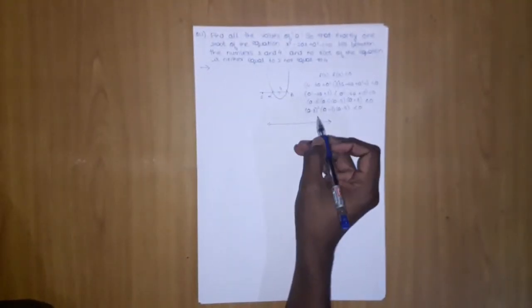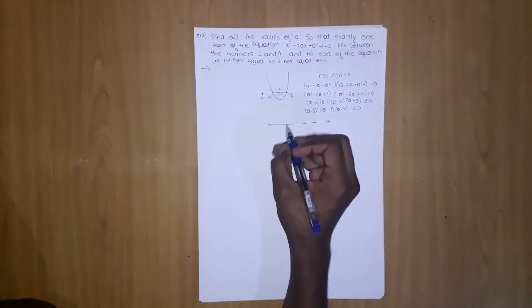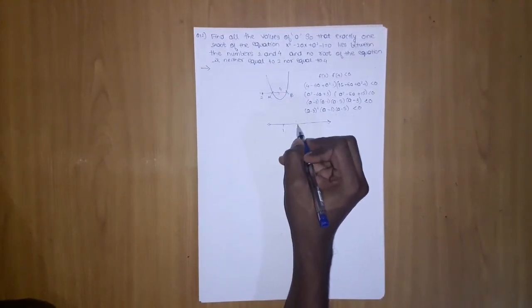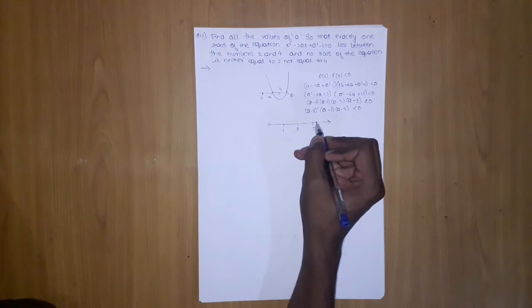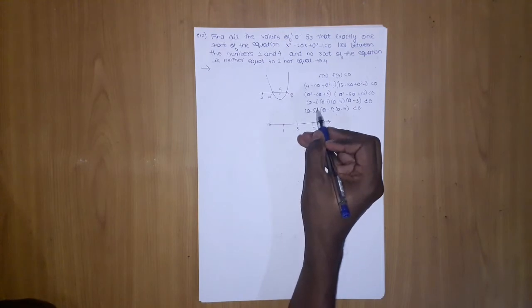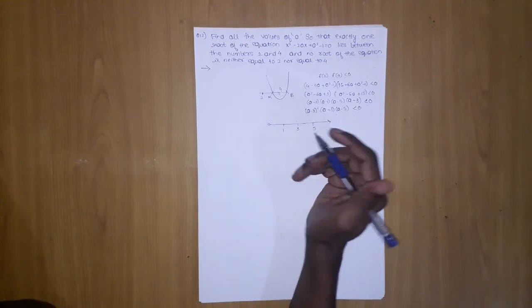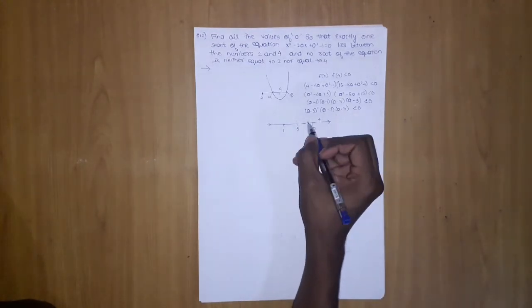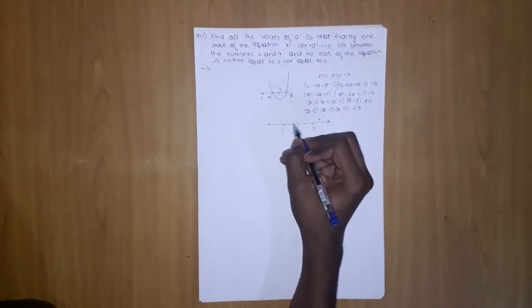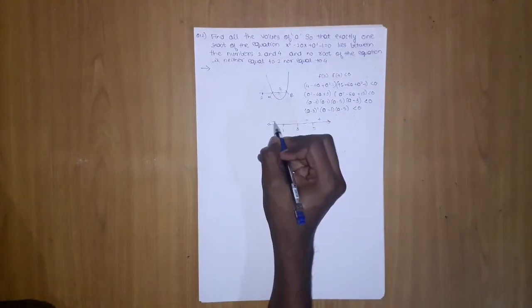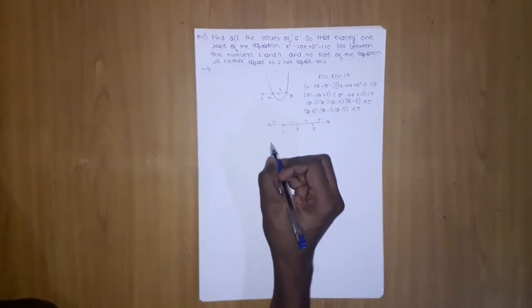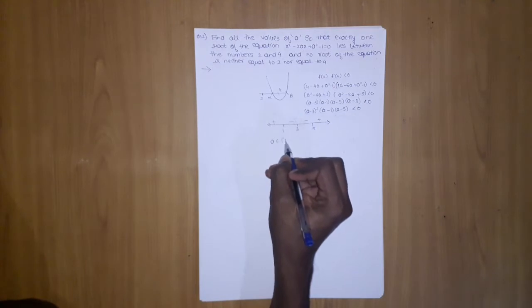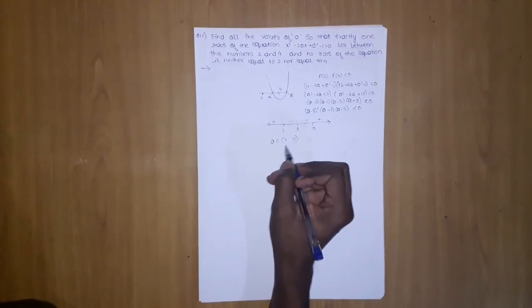The points are 1, 3, 5. It is an even power at 3, so the sign on both sides of 3 will remain the same: positive, negative, negative, and then positive. We want less than 0, so a belongs to 1 to 5.